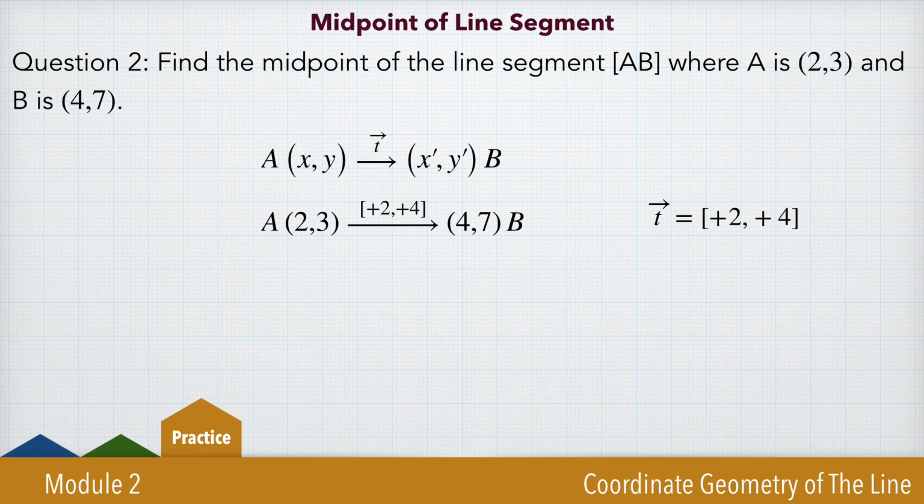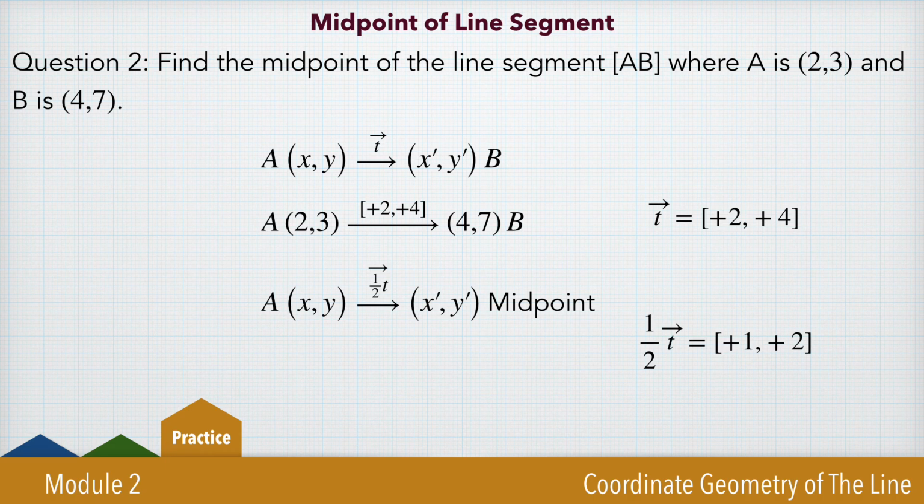As we are looking for the midpoint, we will halve this translation. Therefore, the operation of our new translation is +1, +2. Performing this translation on the point A moves it to the point 3, 5, which is our midpoint of the line segment AB.